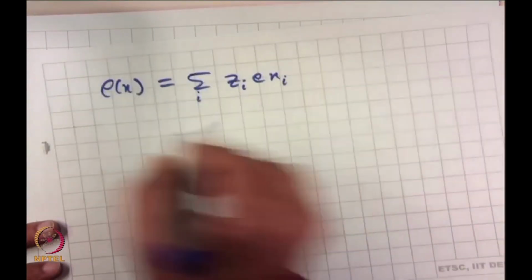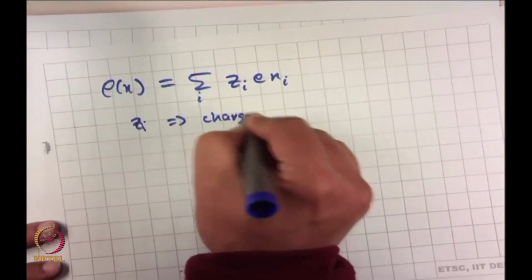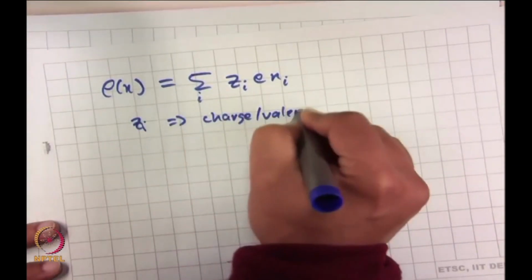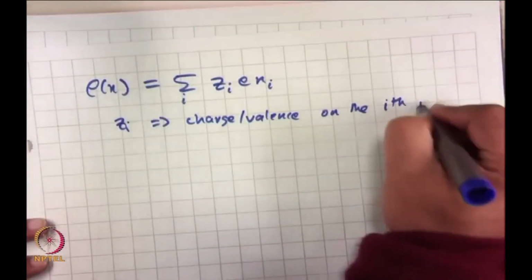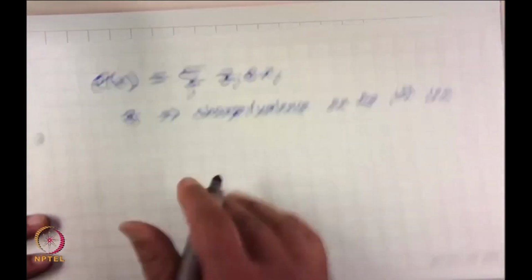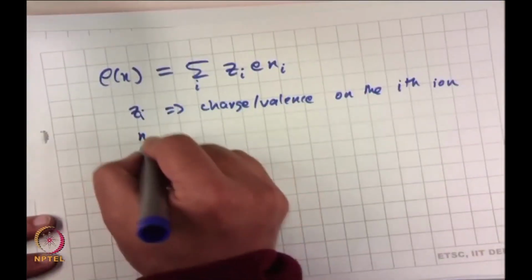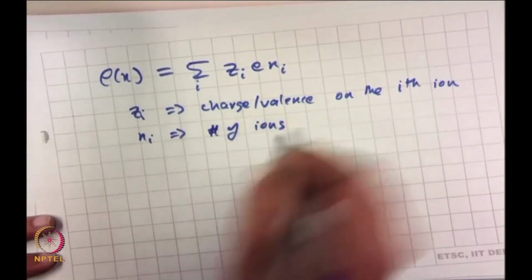What is z_i? Again, let me write it: it is the charge or valence on the ith ion, and obviously n_i is the number of ions.